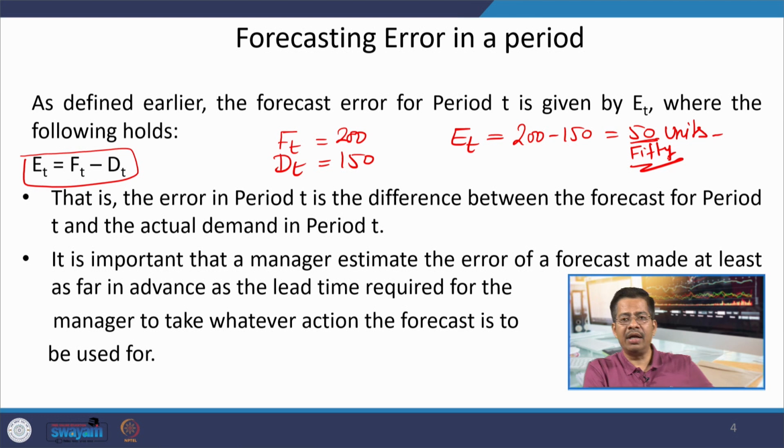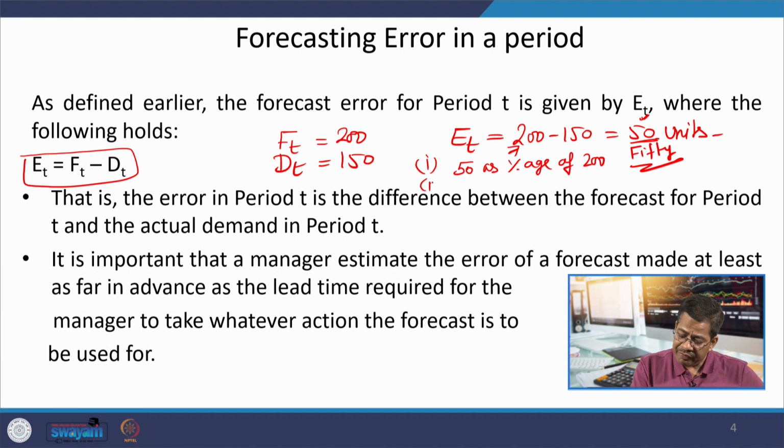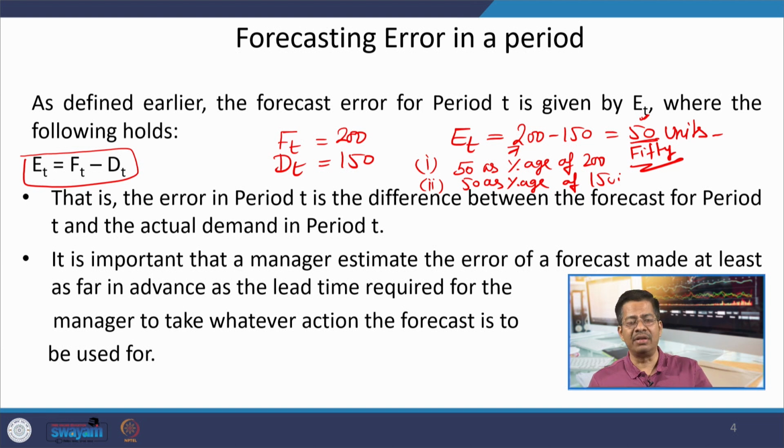I want to say that I can represent this 50 as a percentage error of my forecasted value, 50 as a percentage of 200, one way of representing it. 50 as a percentage of actual demand, another way of representing.